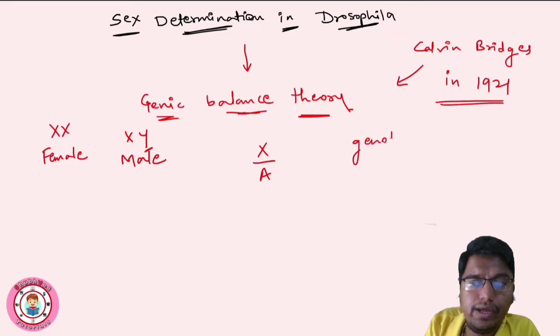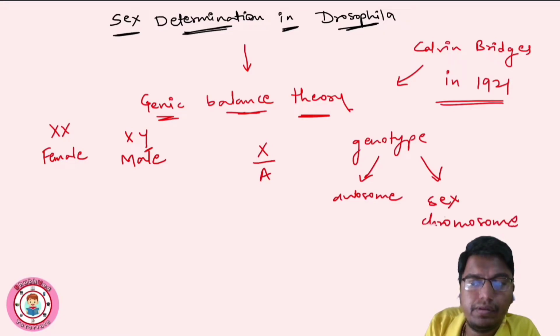We know the genotype consists of autosomes and sex chromosomes. In Drosophila, the autosomes and the sex chromosome X decide the sex.